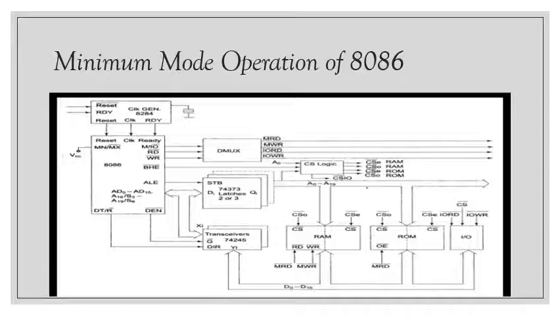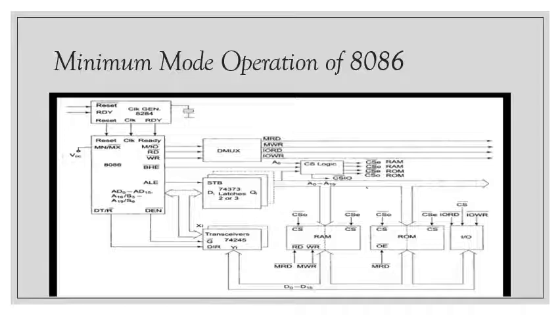Latches are generally buffered output D-type flip-flops like 74LS373 or 8282. They are used for separating the valid address from the multiplexed address/data signals and are controlled by the address latch enable signal generated by the 8086.